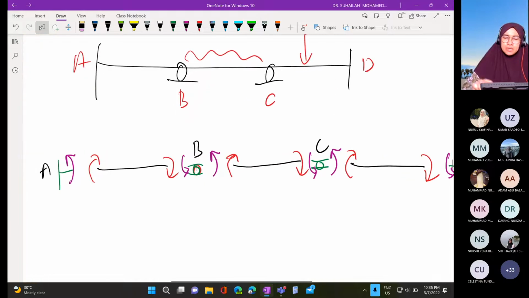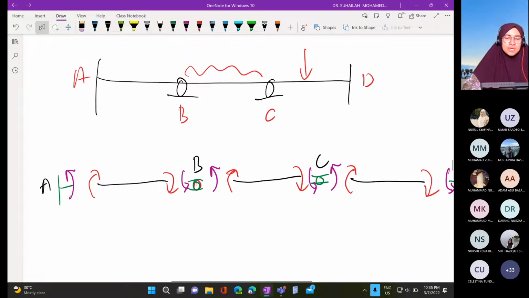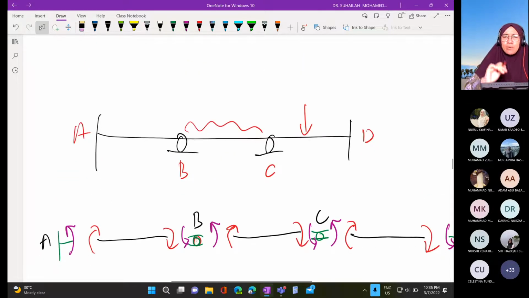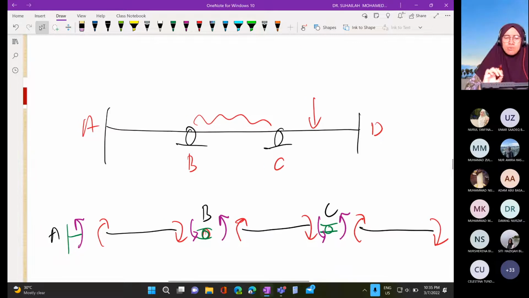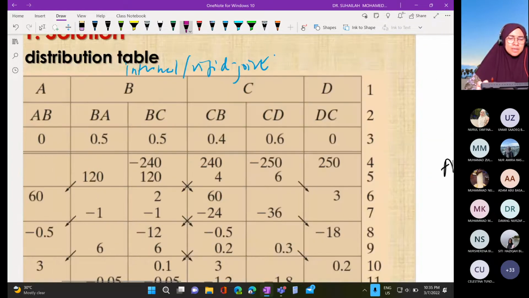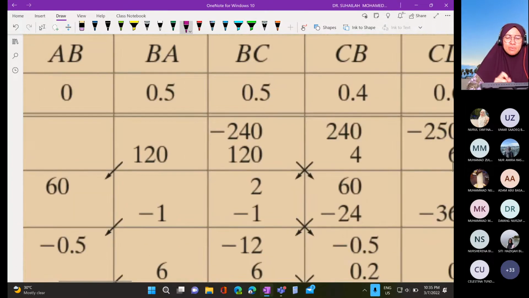So what we actually do is when we calculate fixed end moment for BC tadi, kita dapat 1 negative, 1 positive. Kita dapat sini 1 negative, 1 positive. 1 negative, 1 positive.